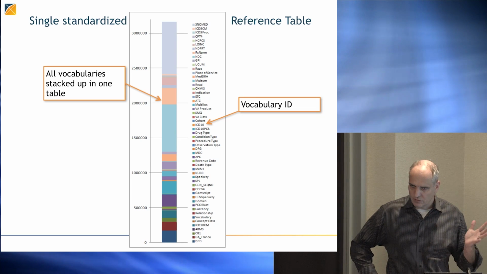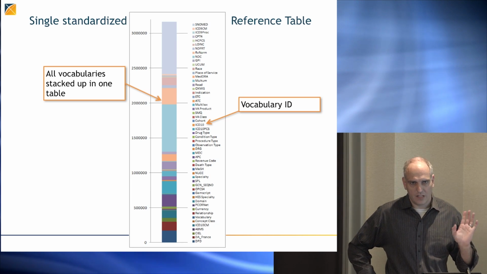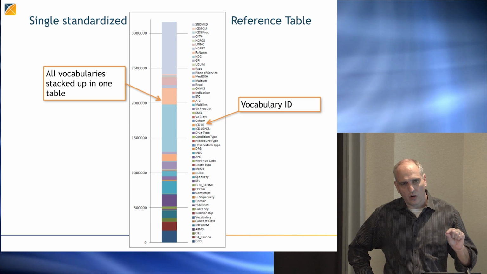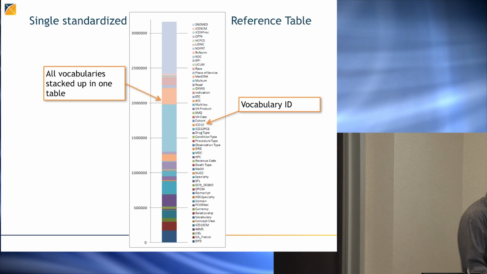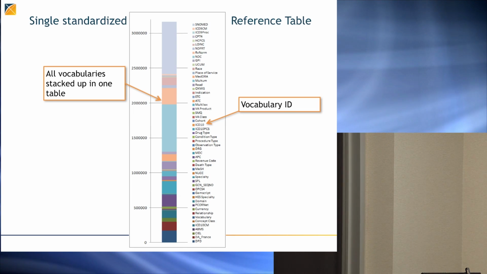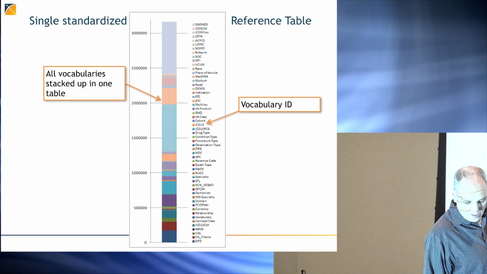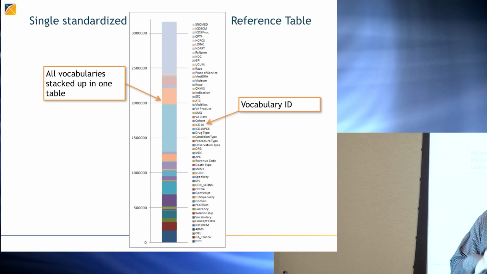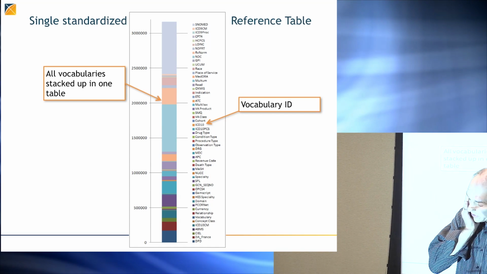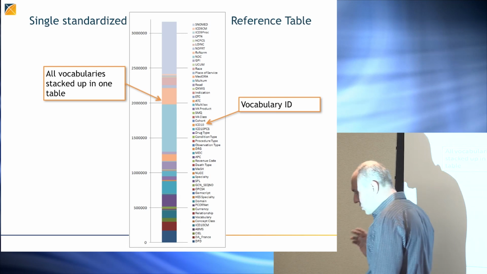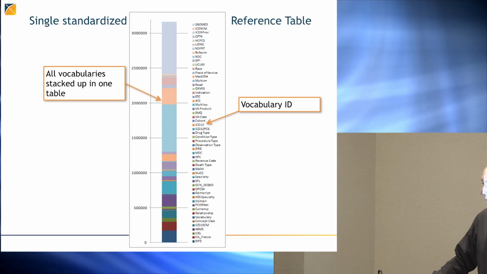No drug vocabularies, no procedure vocabularies, nothing. All these concepts are taken from other people: NDC, GPI, race categories from the OMB, I don't know what it stands for. So they're all other people's work.